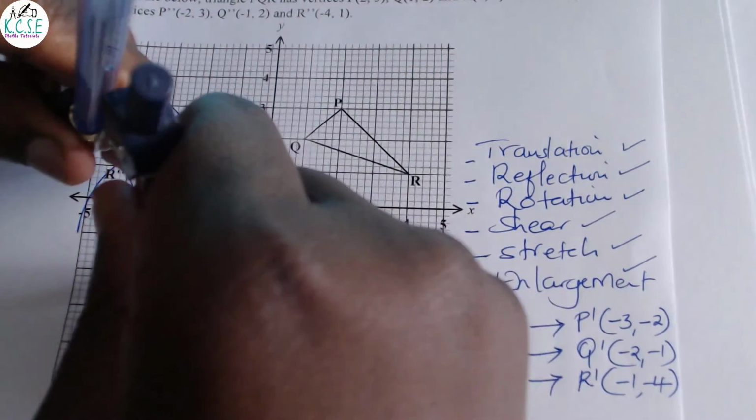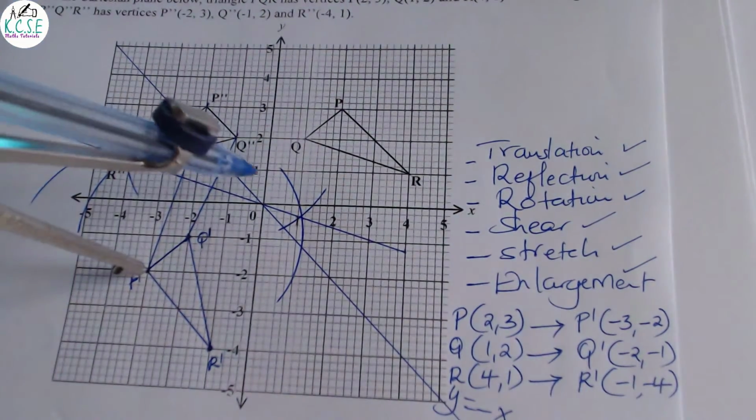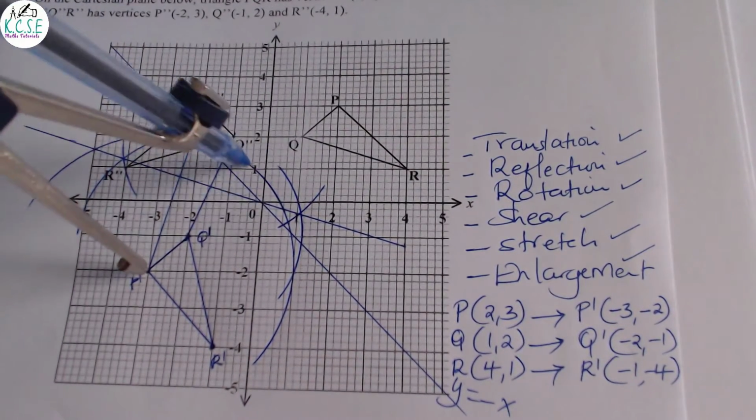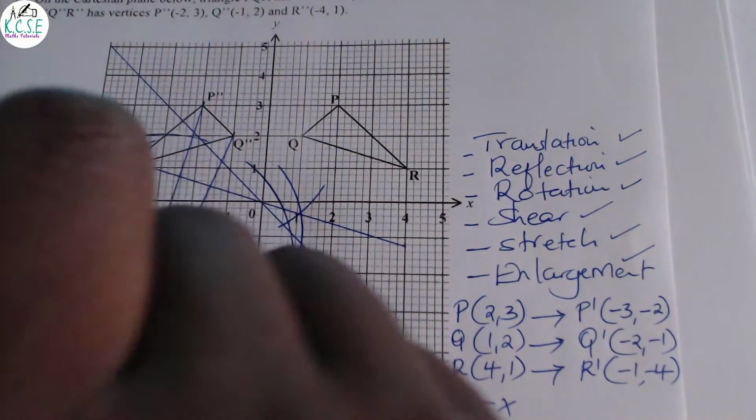So stand here, open the compass more than half of that line, then mark a bigger arc there, then with the same radius, mark another arc here. With the same radius, I stand at P double prime, then stand at P prime, and cut the arcs that we've made.